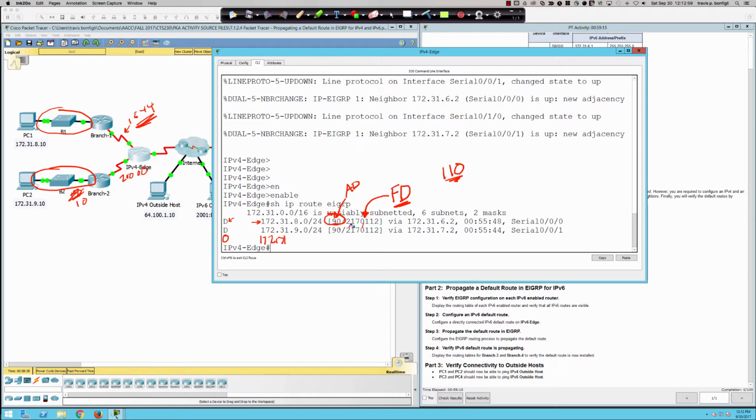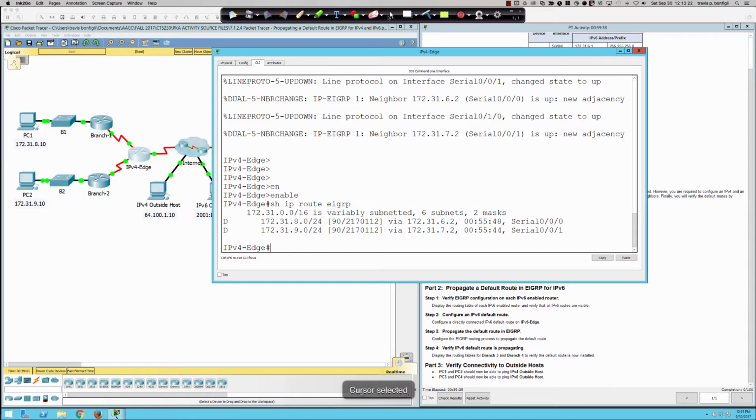Then we've got our feasible distance here. We see via, so here is our successor, right? There's the successor. How long have we known about that? 55 minutes, and here is the outgoing interface. So we have all the information required from the IPv4 edge perspective to get to both of those network segments.